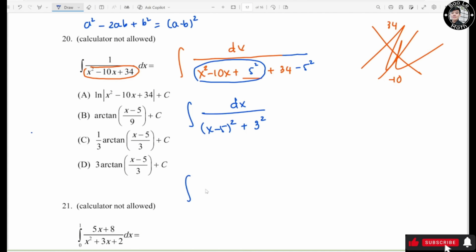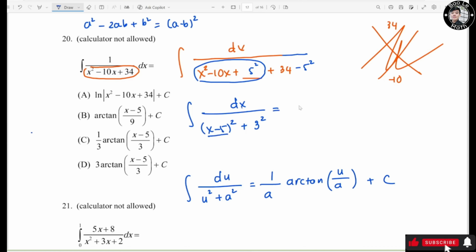So the antiderivative of du over u squared plus a squared is 1 over a arctangent of u over a plus c, right? So look at the bottom right here and look at the top right here. This part and this part must be the same.